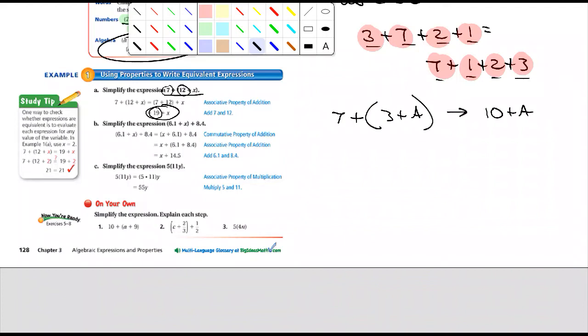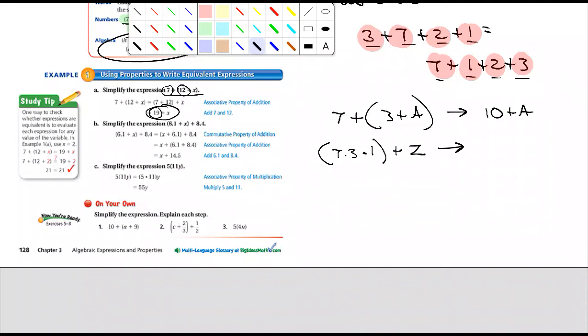What if I wrote something like, and again, I can just put it in parentheses, 7.3, let's see here, times 1 plus z.